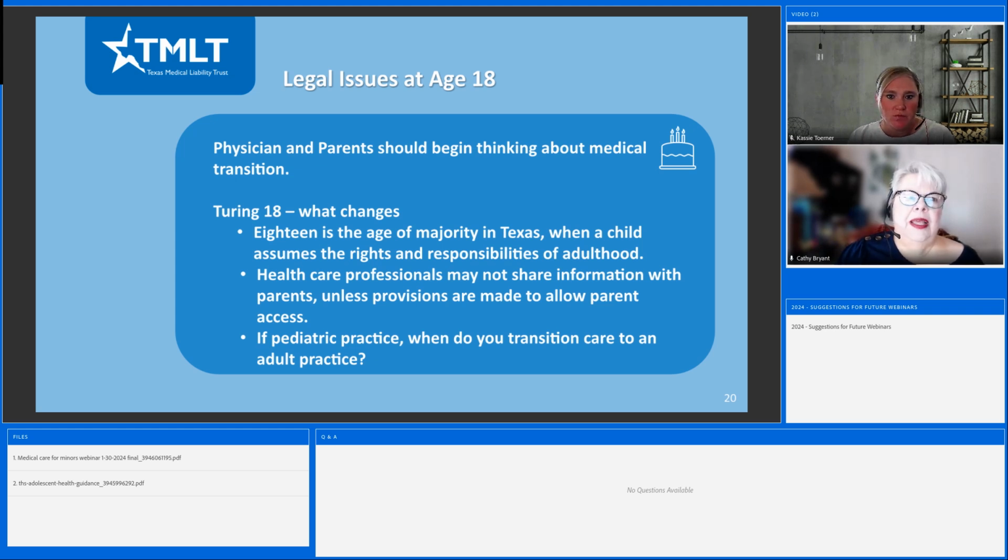This was a family practice situation, but if you are a pediatric clinic, you probably have a policy already in place about when you transition care to an adult practice. If you don't, it may be something that you want to think about.